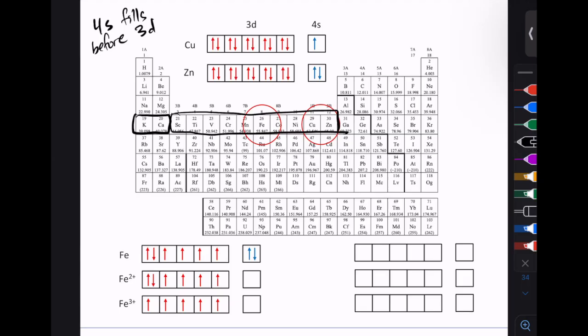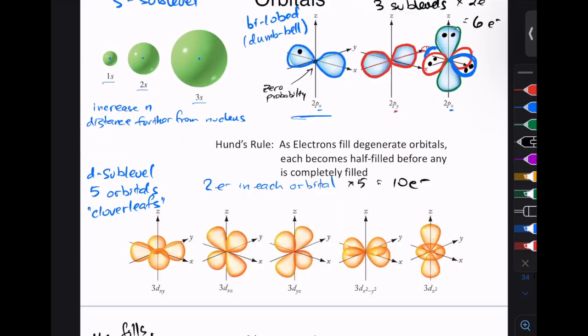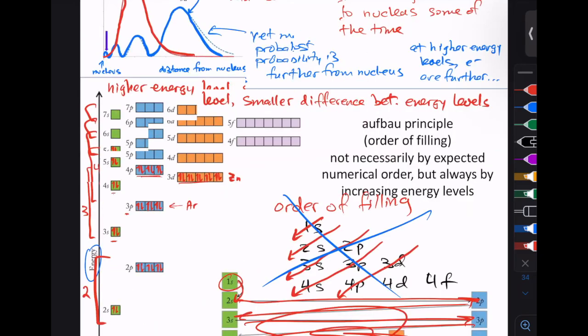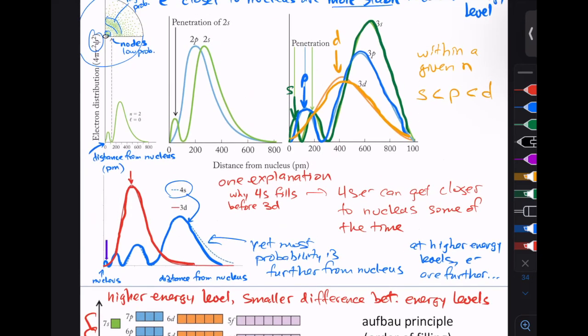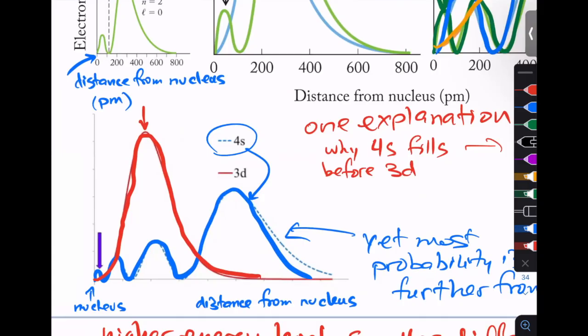And one explanation for that I showed you was going back to these radial distribution patterns and showing you how when you overlay them, there is some small probability where the 4s electrons actually get closer to the nucleus than the 3d electrons do.